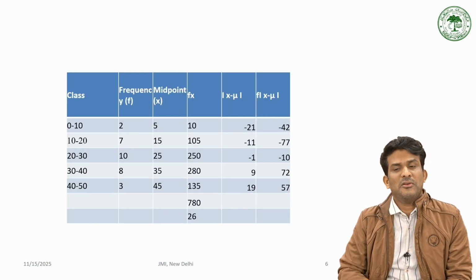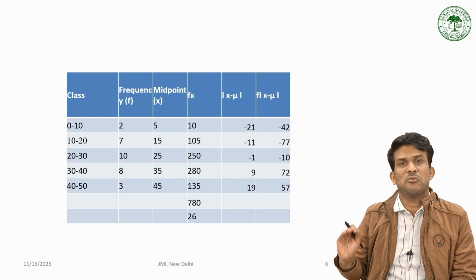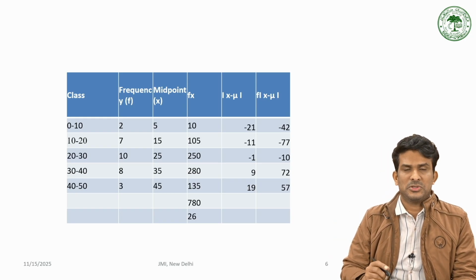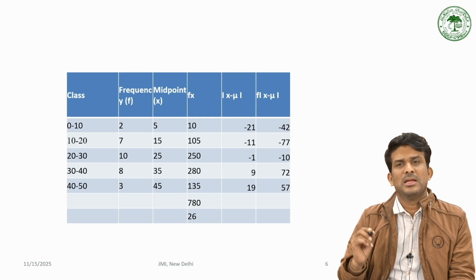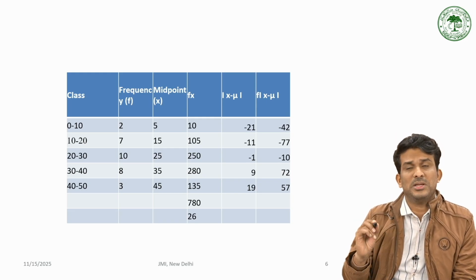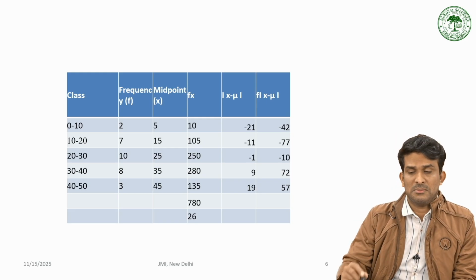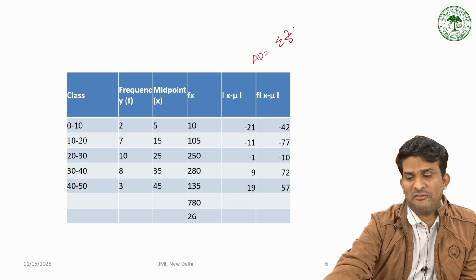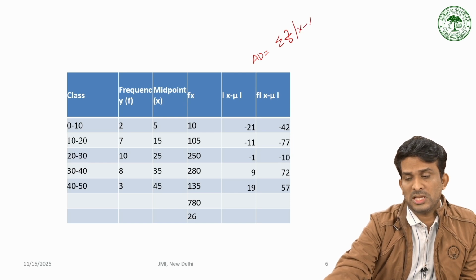Now, for a frequency distribution, what is the change in it? Simply f has to be added before sigma. That is the only change. Average deviation is sigma of f into modulus x minus x bar divided by n.